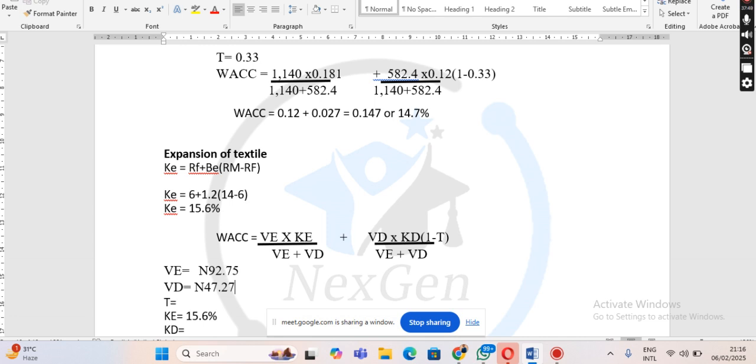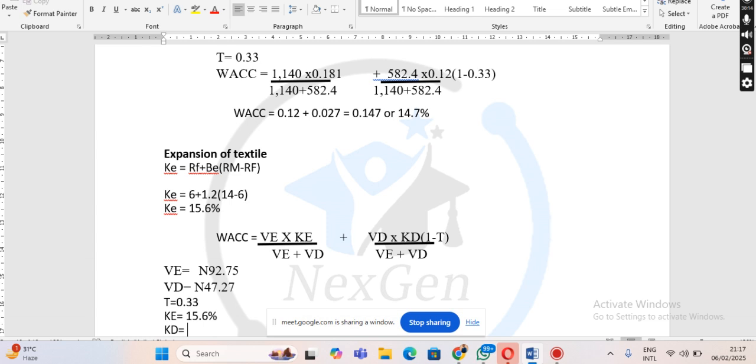So the tax rate is part of it. Don't forget that we talked about the tax in the previous lecture, right? Now, the cost of debt is 11%. Since they did not indicate that it is post-tax, and if it were post-tax it would be stated, that 11% is pre-tax.